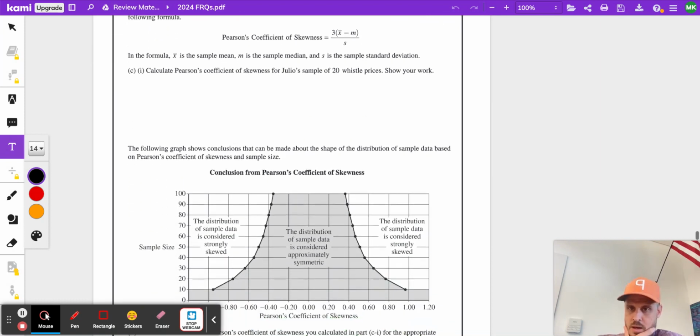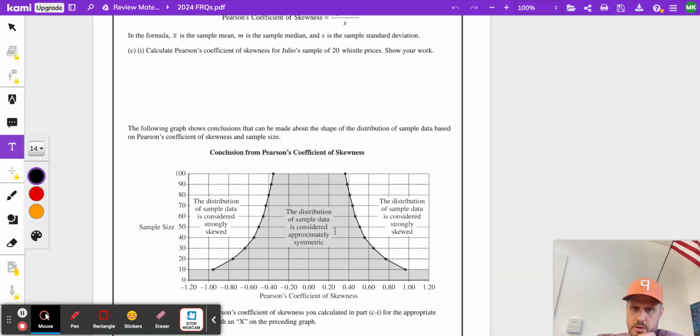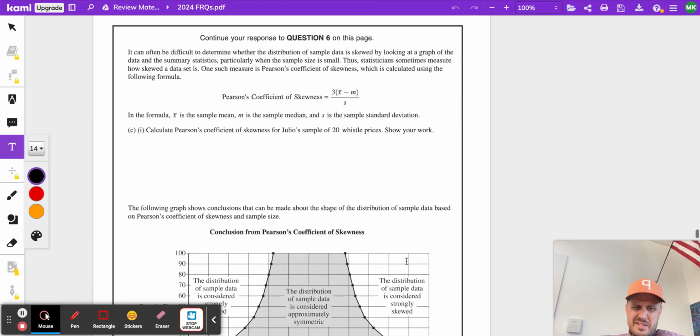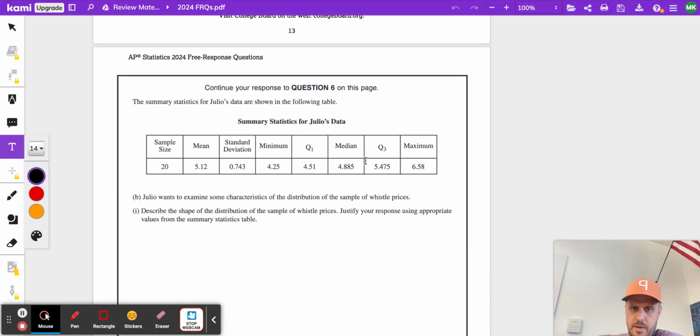All right. The following graph shows the conclusion that can be made about the shape of the distribution based on Pearson. So here we're looking at 20, and depending on where you are, if you get something below negative 0.77-ish, then I would say it's strongly skewed. And we're actually going to get something to the right, because 3 times the difference of 0.3 is like 0.9, divided by 0.7.